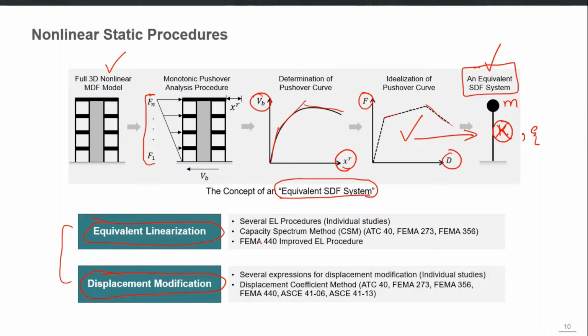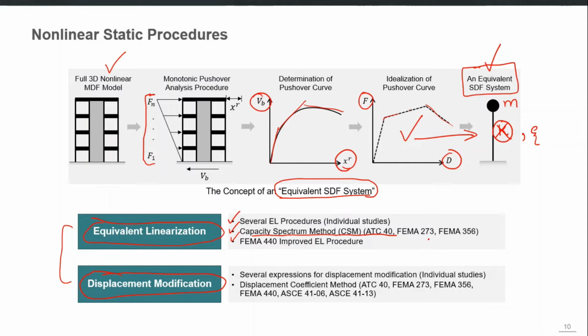So there are different methods which are listed here for each of the approaches. The capacity spectrum method of ATC-40, which was very widely used in the first generation of performance-based design, was based on the idea of equivalent linearization.